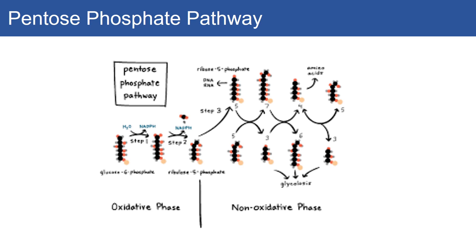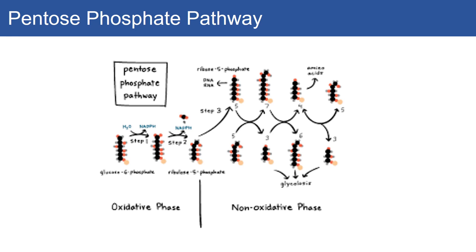We'll go into some detail on the pentose pathway, but not great detail. It takes place in the cytosol, and from there you can see where we feed into glycolysis. The first couple of steps generate NADPH. At step 3, we jump and generate the sugars. That's the non-oxidative phase. From there we go into glycolysis.